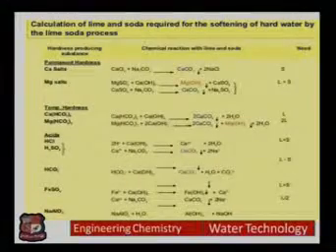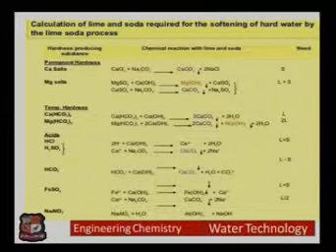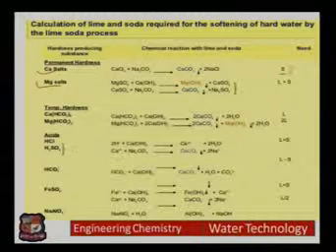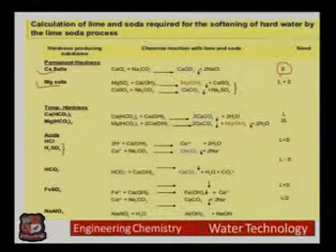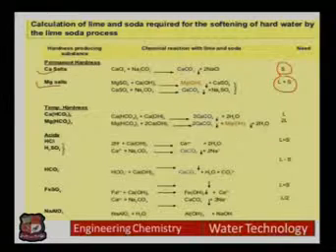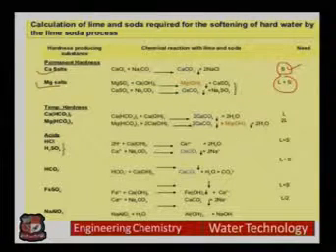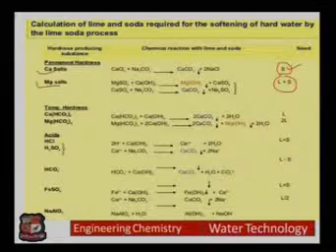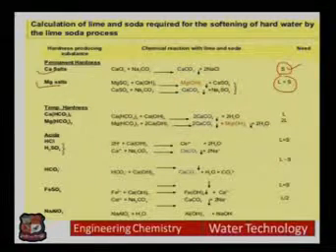So in this manner, we can calculate lime and soda in the form of this table. Permanent hardness, calcium salt and magnesium salt, can be removed by S and L plus S. S here is nothing but soda, and L plus S is lime plus soda. L stands for lime and S stands for soda.